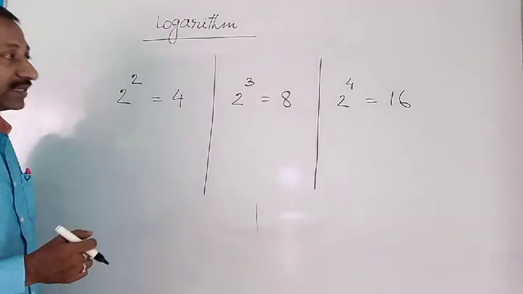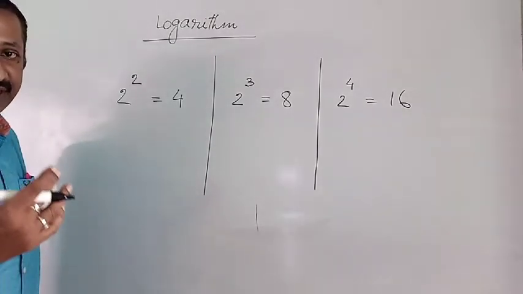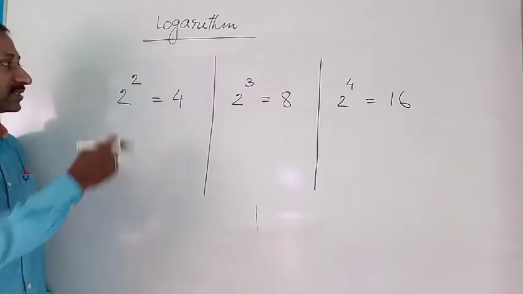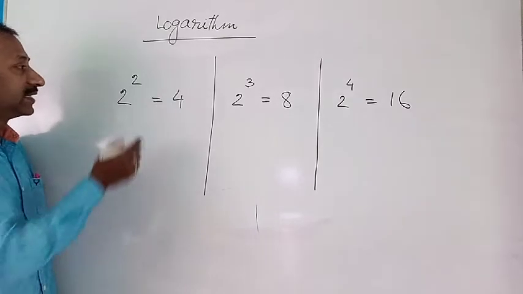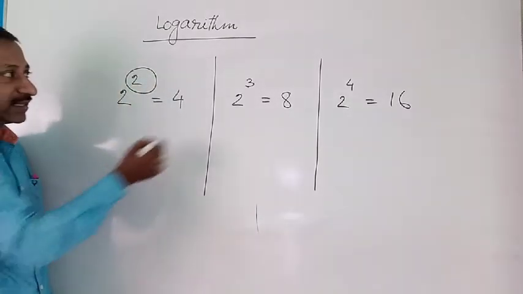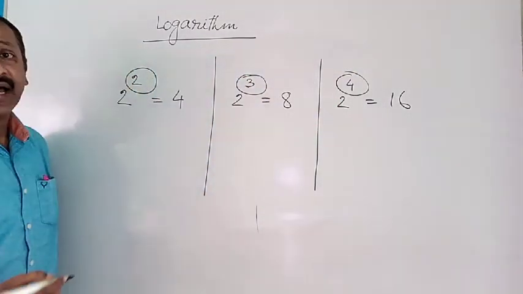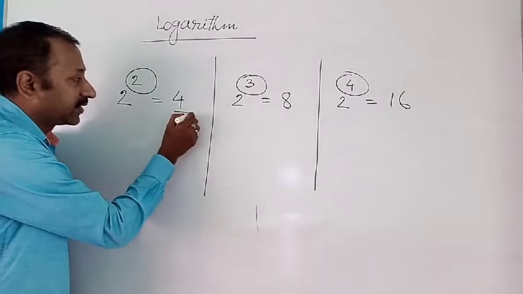Now, I am coming to the definition of logarithm a little bit later. So here see, in the definition of logarithm, they have told that the power, this exponent, is the logarithm of this number.